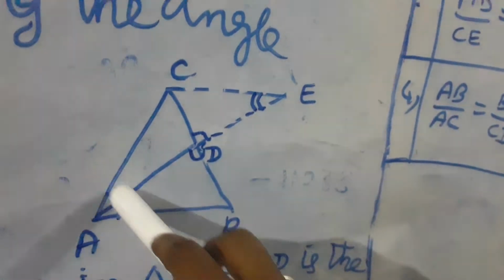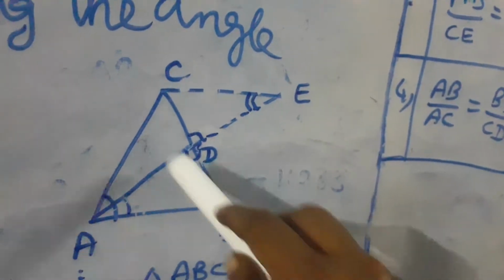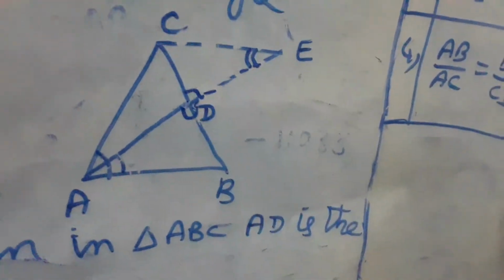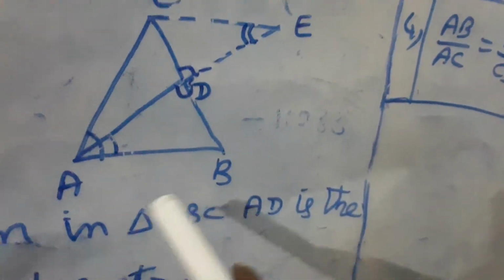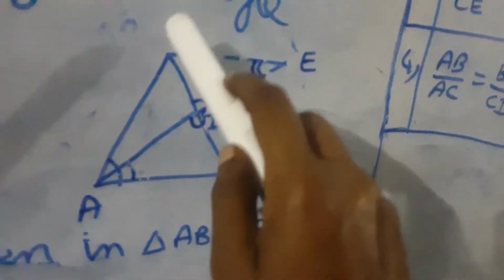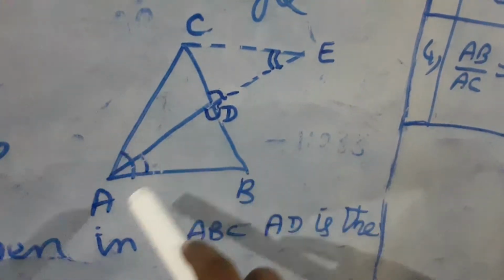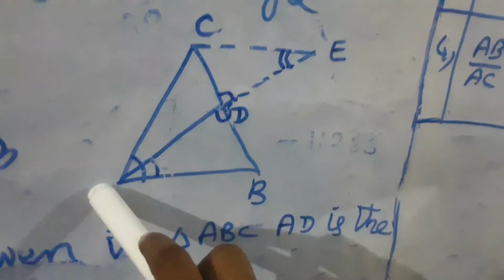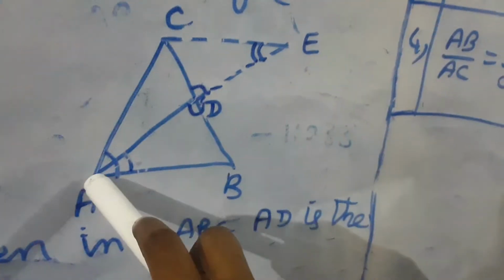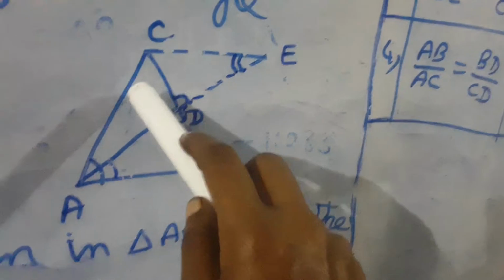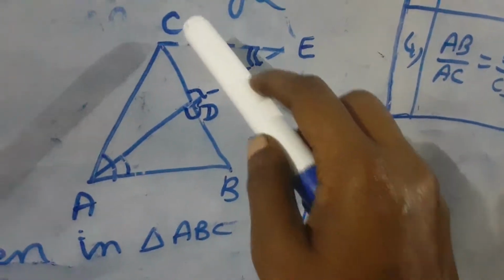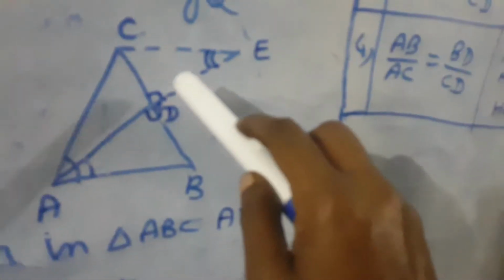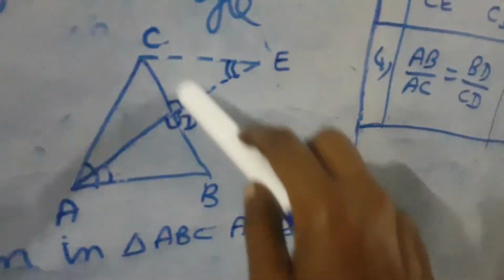The sides containing angle A are CA and AB, or AB and AC. These two lines make the angle A. AB by AC is equal to BD by CD.